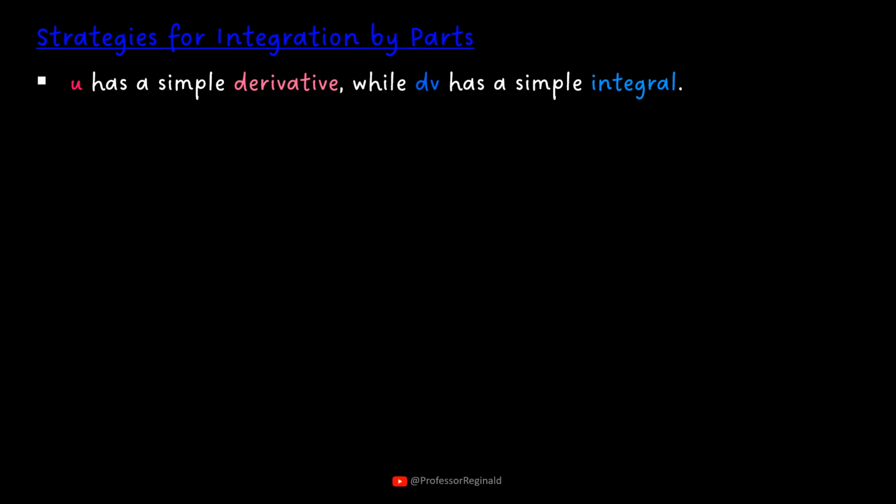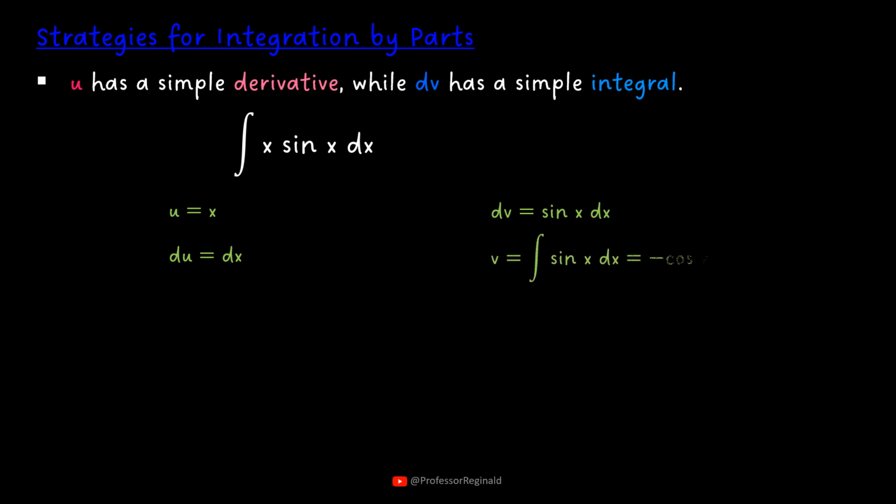For instance, in the integral of x sine of x dx, let u as x, which means du is equal to dx, and let dv as the sine of x dx, which means v is equal to the negative cosine of x.